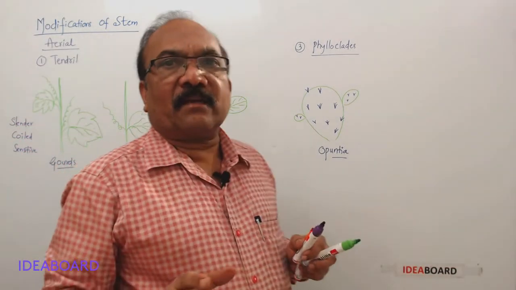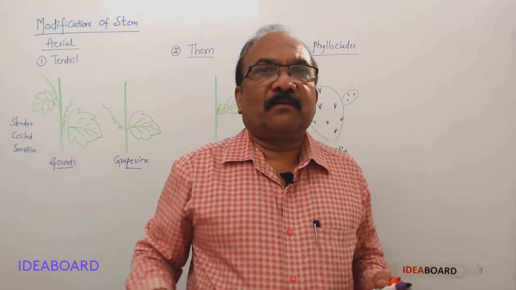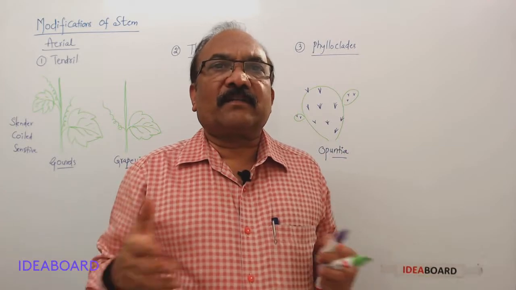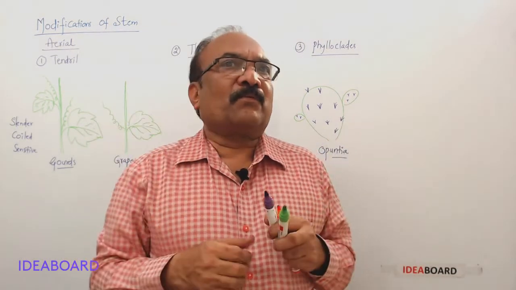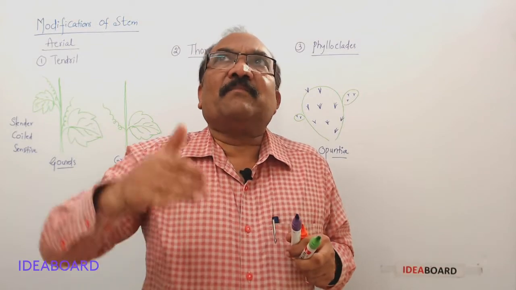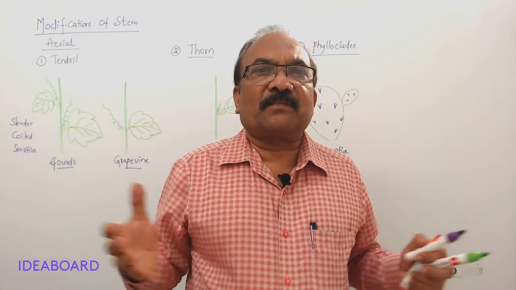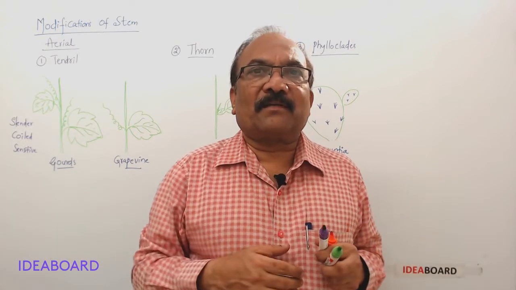Some weak stemmed plants cannot stand straight, and they don't want to creep on the ground because they will not get sufficient light. That's why they hold the support and climb up to expose their foliage, or their leaves. But how to hold this support?